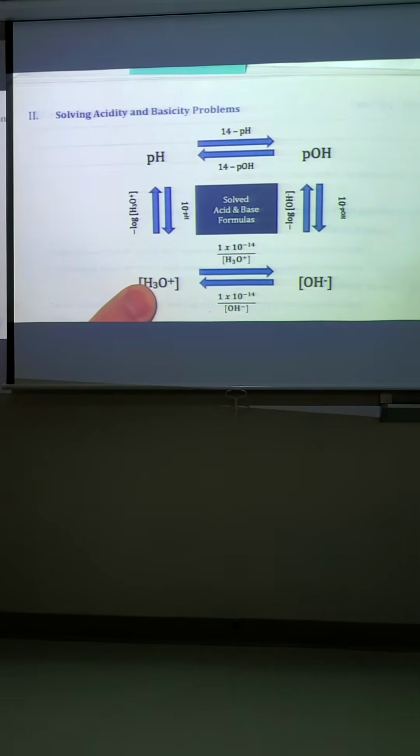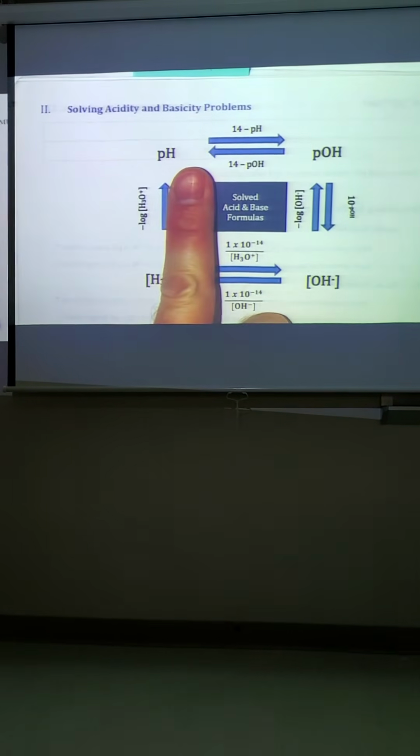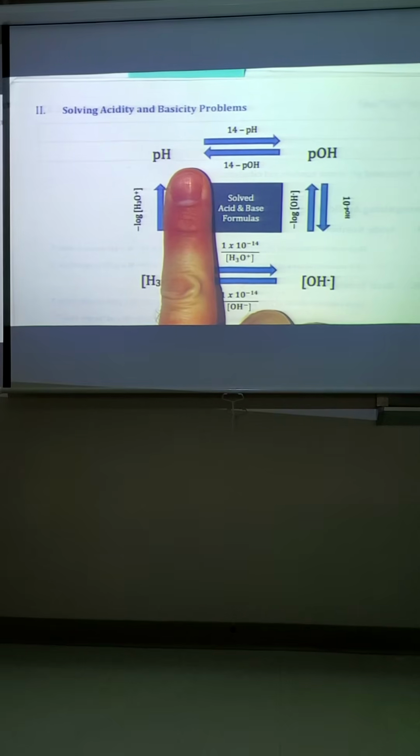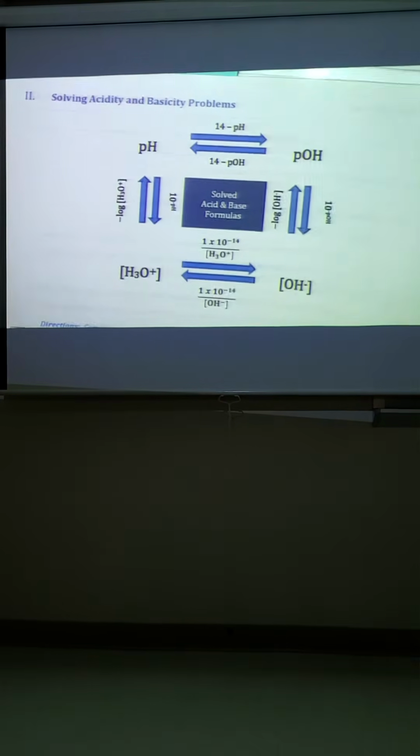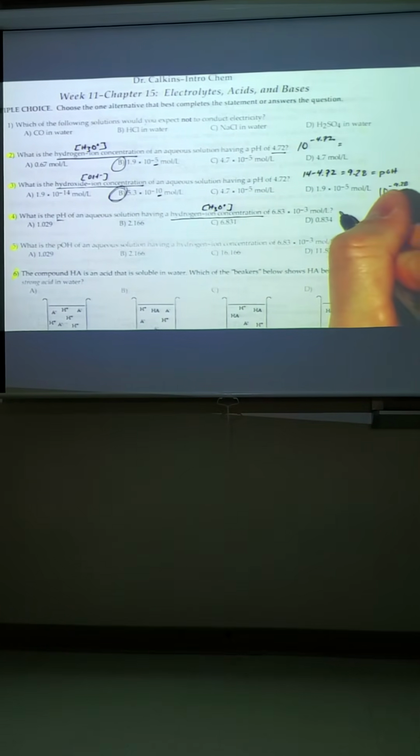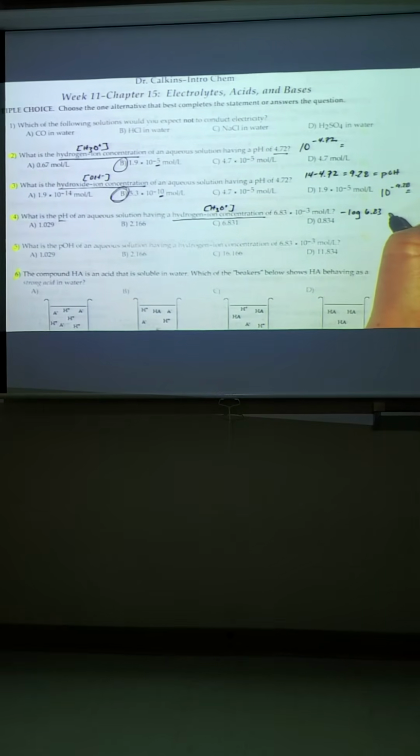So hydronium to pH, that's going to be negative log number going up. So negative log the number they give us, which is negative button, log button, 6.83, and then it would be second EE to give you times 10 to the power of, and then we're going to say negative 3. When you do that, you'll get 2.166.